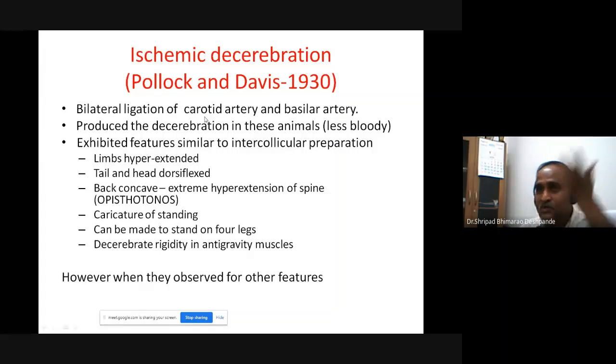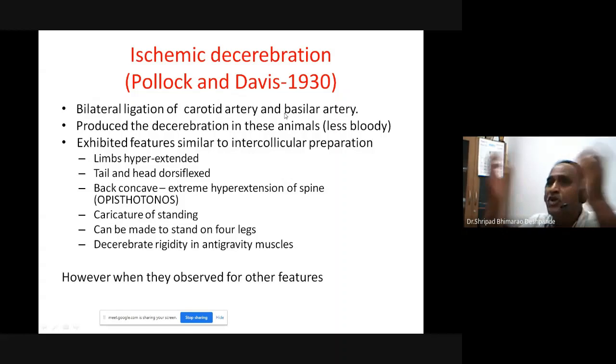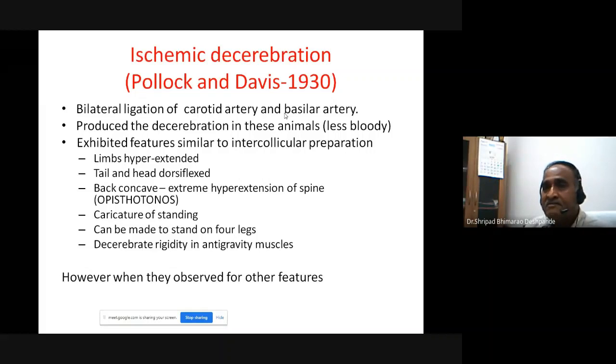The internal carotid artery goes to the brain, so bilateral ligation of the internal carotid arteries and the basilar artery means all the blood going to the brain, the circle of Willis, the main source of blood supply, is being cut. Once they were cut, they wanted to see what happens. This is called ischemic decerebration. They wanted to destroy the entire part of the brain by decreasing the blood supply.